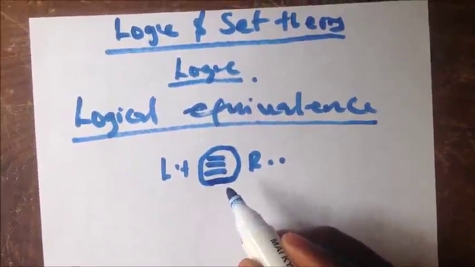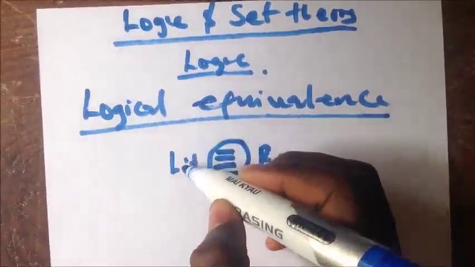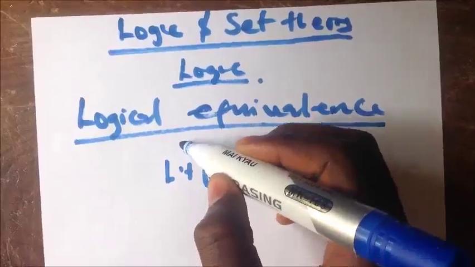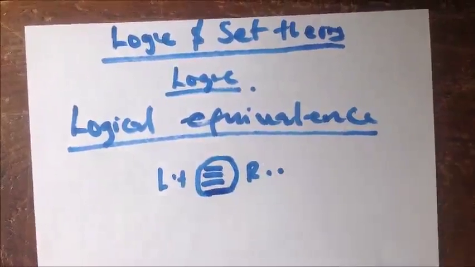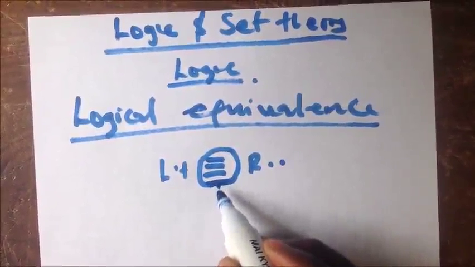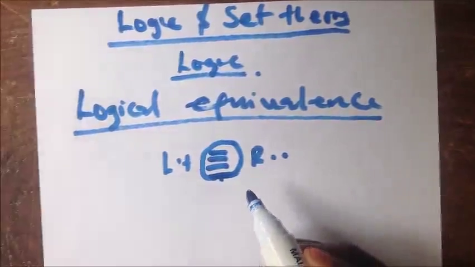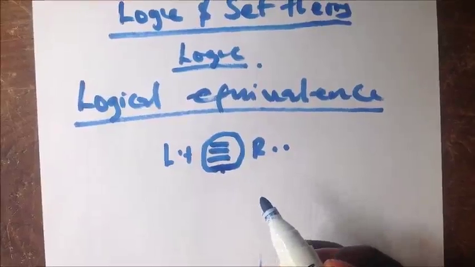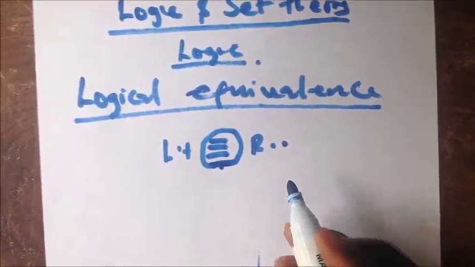If you remember in our previous class, using a truth table, the column of this and this must be equal before they are logically equivalent.